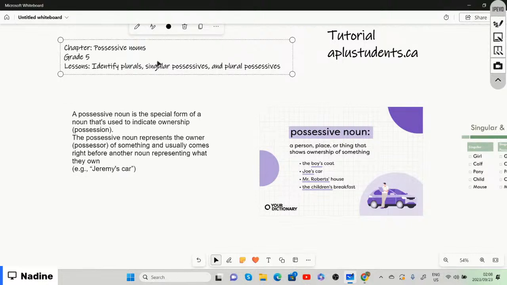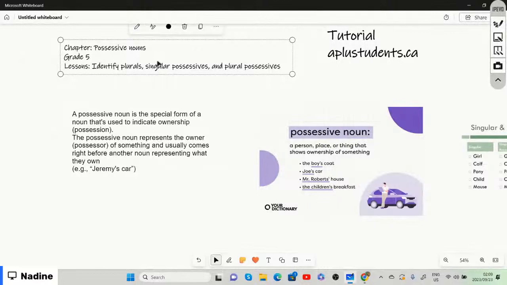We are doing our lessons on aplusstudents.ca, so whenever you want to go back, you can go there to practice or recap a lesson, the chapters on the board as well as the grade and the lesson that we focused on.